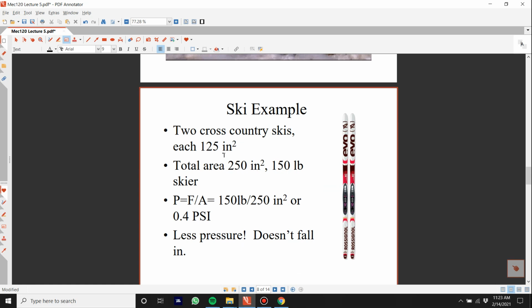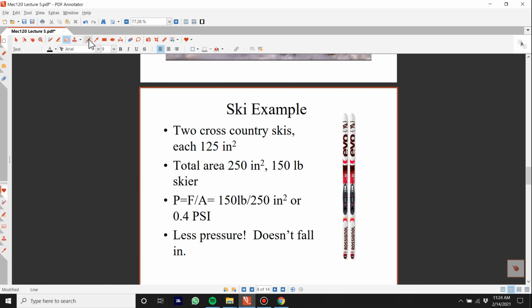To calculate the total area of a pair of skis, the width is, I'm guessing, about 3 inches, and the length is going to be 30 to 40 inches.